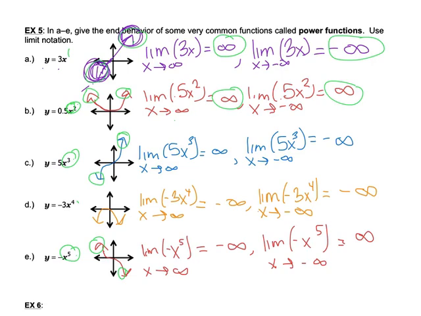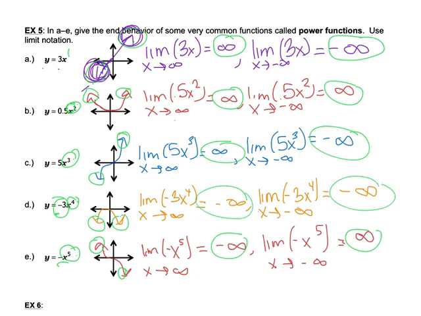So if we know one end of the function, the other end is automatically going to be opposite of that. And same with x or negative x to the fifth. They are opposite of each other. And then likewise looking at the fourth power function, because we've got a negative coefficient out front, they're both approaching negative infinity, but it's the same value for each.